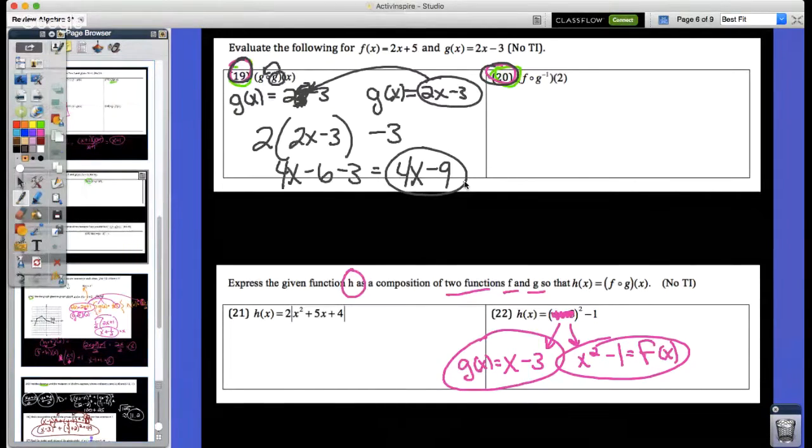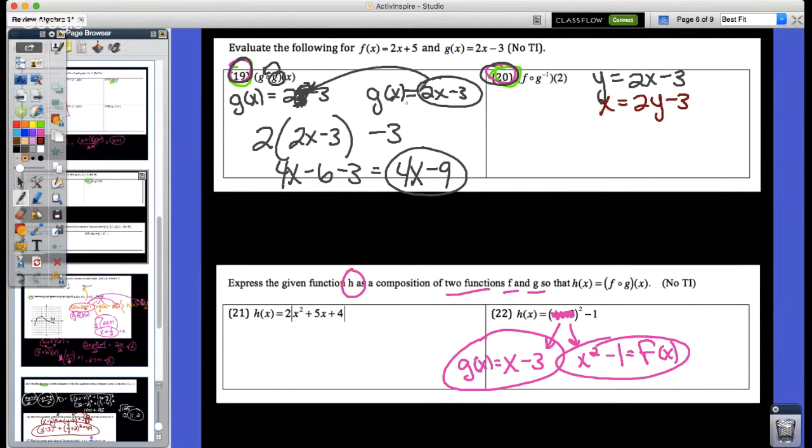Okay. Now, as far as number 20 goes, g inverse. Remember that when I have y equals 2x minus 3, the first thing I want to do is flip-flop the x and y. So what I would have is x equals 2y minus 3. Once I set it up this way, I'm going to solve for the new y.